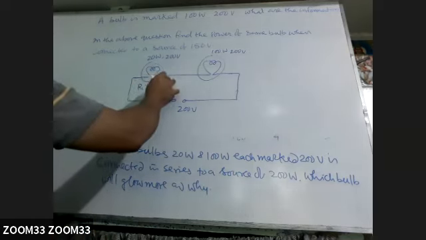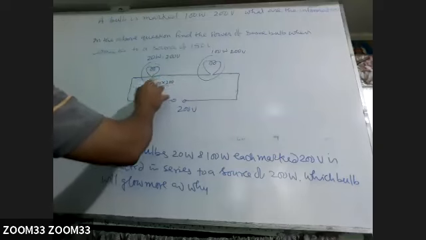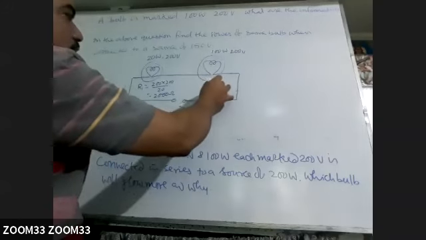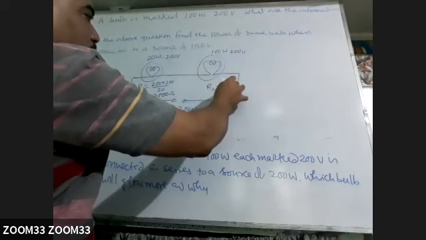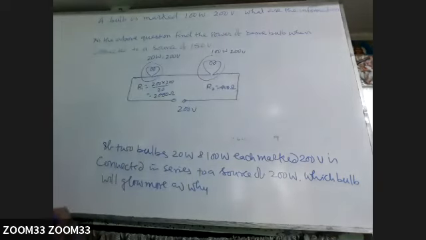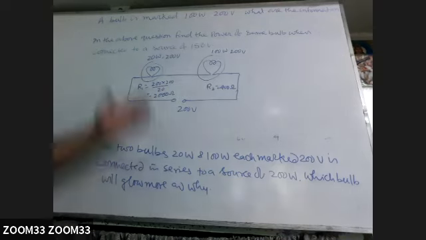So what is the resistance of this one? 200 into 200 by 20, so it is 2000 ohm, and here is 400 ohm. Which bulb will glow more? Actually, this one will glow more.